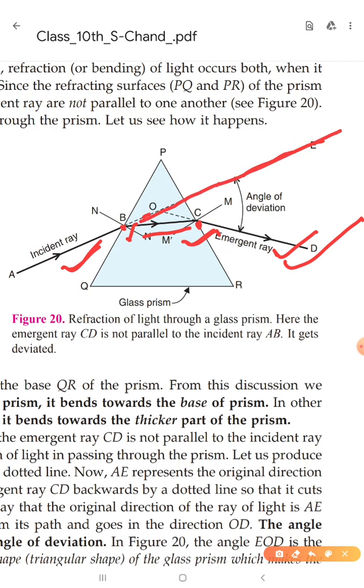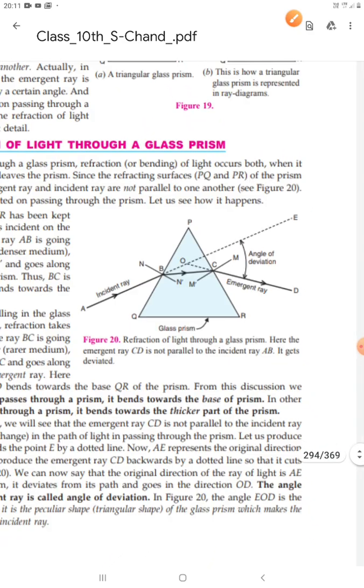But because of this prism, the light is deviated, and this is the final ray, which is called the emergent ray. The angle between the incident ray and the emergent ray is called the angle of deviation. This is a very important point, dear students. So we can say how a light ray refracts through a prism.